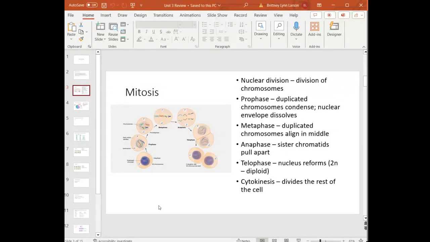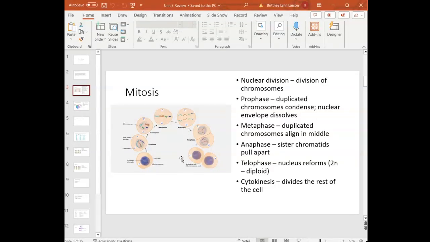If I show you a picture of a slide and I say, is this mitosis or is this meiosis? I would want you to be able to tell me it's mitosis because it's a singular cell division that ends in 2 identical daughter cells, and it goes through PMAT once, which would be that prophase, metaphase, anaphase, and telophase.